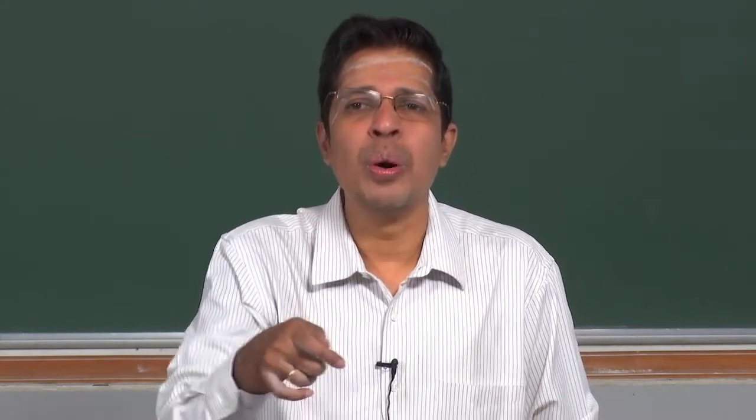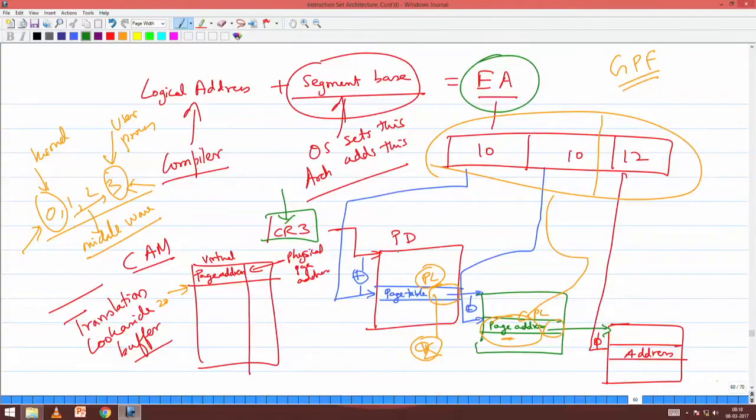Then it will fill up CR3 with the starting address of the page directory. The instruction that fills up CR3 is also a privileged instruction.